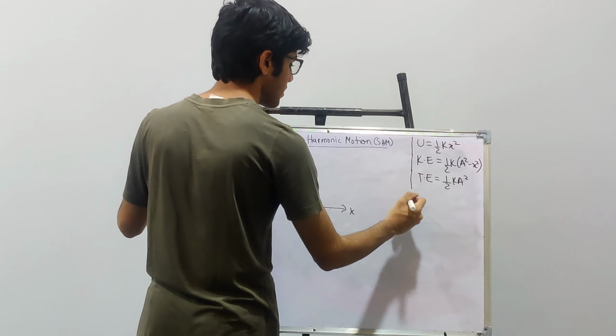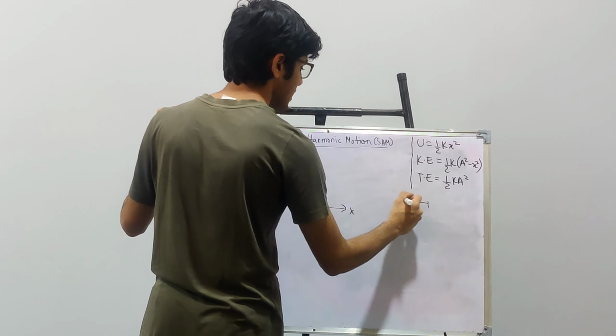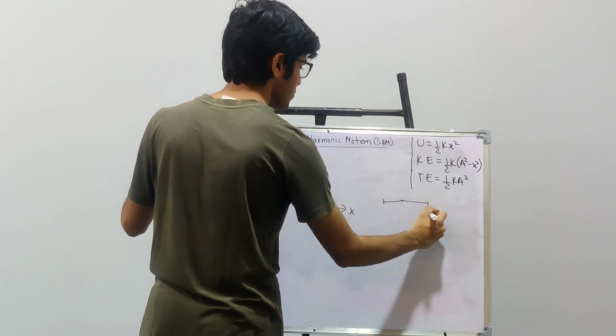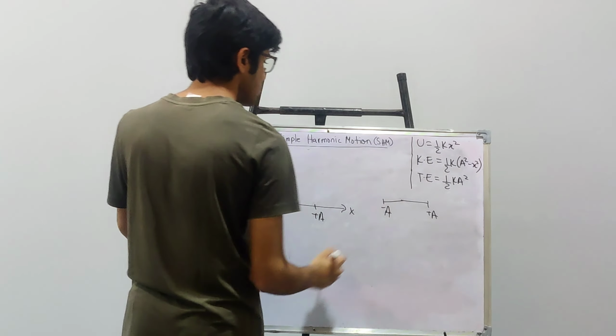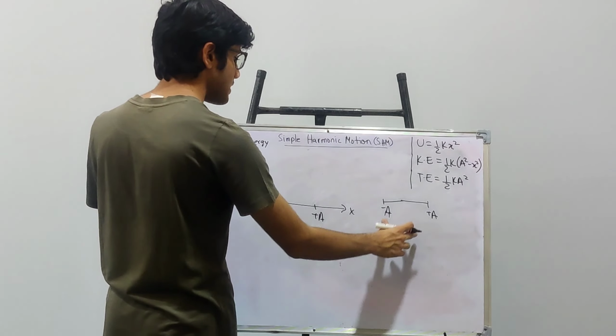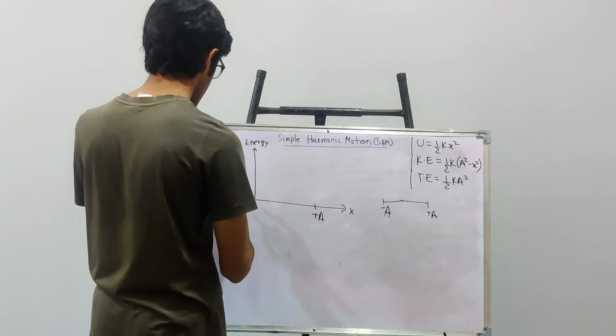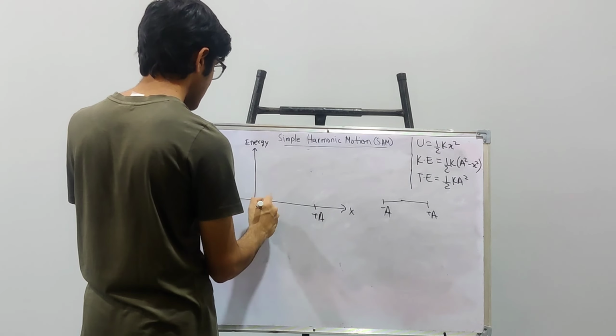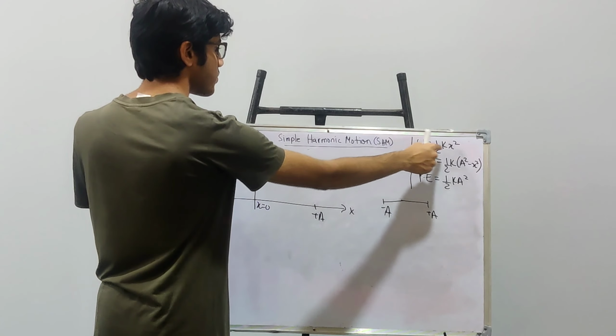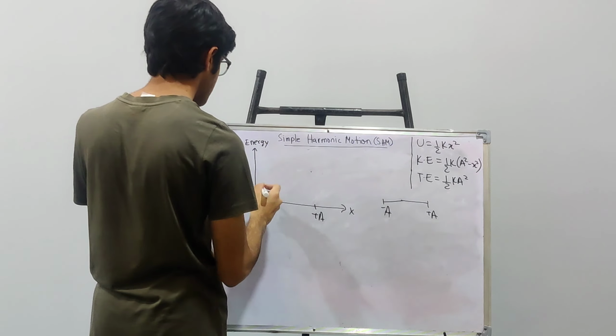Suppose a particle is executing SHM. This is the plus extreme position, this is the minus extreme position. We call this plus A, and this minus A. So now the potential energy will always be highest at minus A and plus A. So at these 2 points the potential energy will be the highest, and this is x is equal to 0. If we put x is equal to 0, we get potential energy as 0.